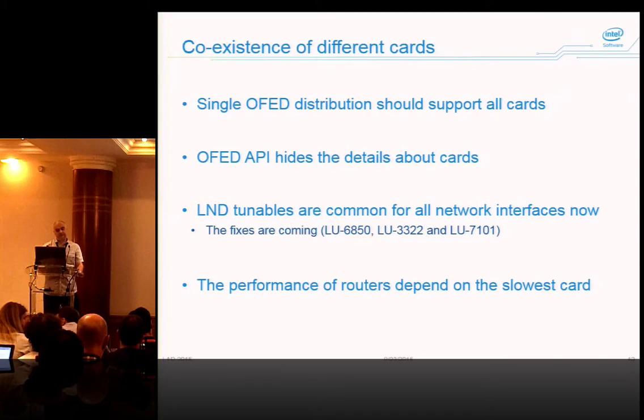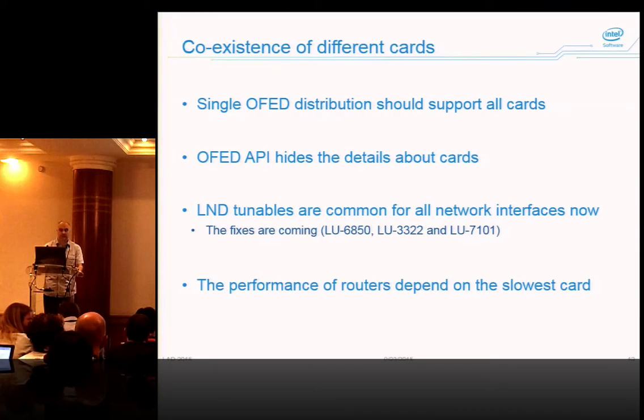And one more important thing is that for now all LND tunables are common for all network interfaces. This is again an issue, because you should balance between two different settings and provide some kind of joint settings which will not disturb performance for all cards.